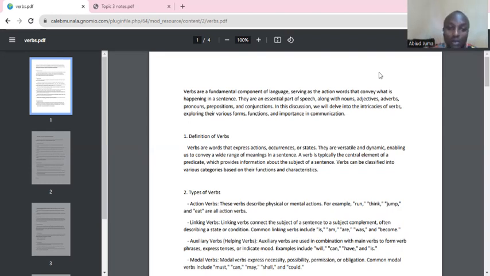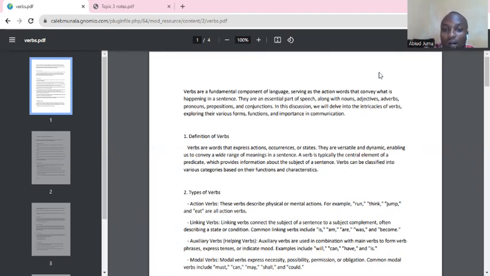And today we are going to discuss verbs. So today we are going to look at many aspects, but all circling around a verb.